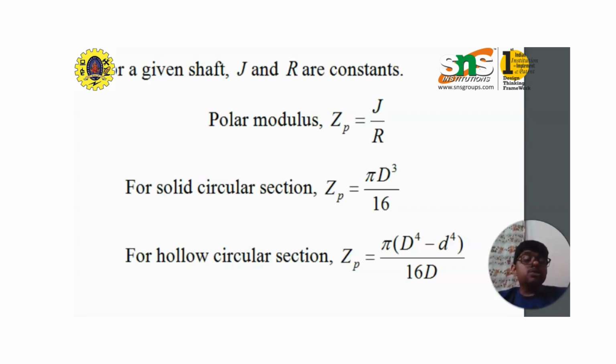So the polar modulus is equal to J divided by R, and for the circular solid section it is pi into d power 3 divided by 16, that is the ratio of the polar moment of inertia to the total radius.